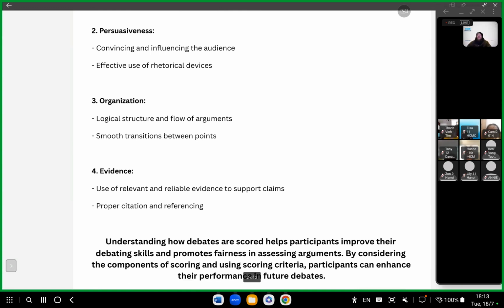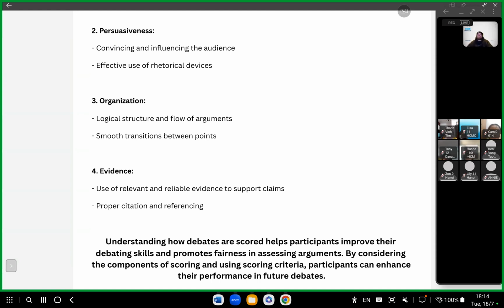Next, we have persuasiveness. So persuasion is just trying to convince somebody to believe your ideas or to take action and do something by pointing out the positive reasons to do it.